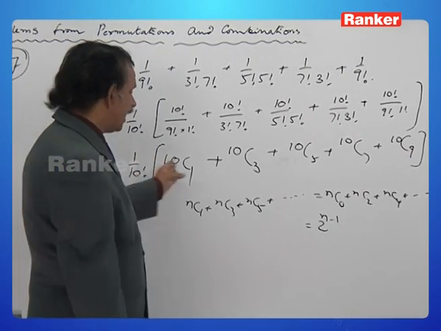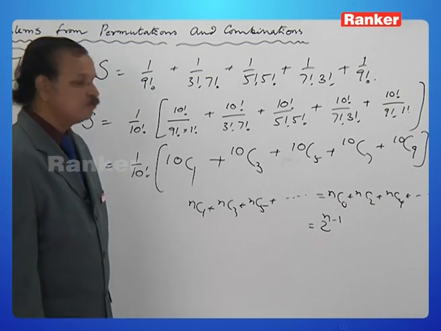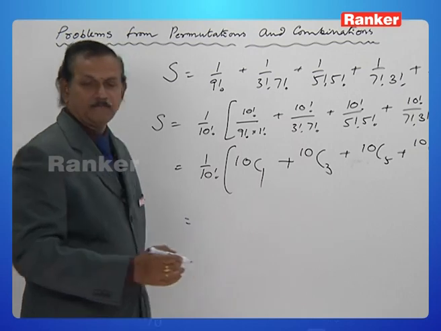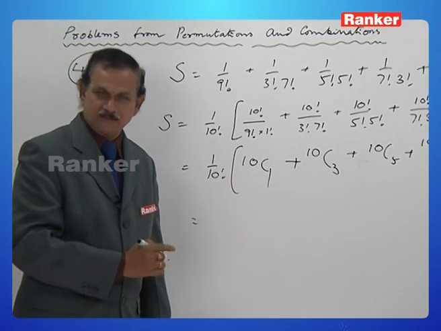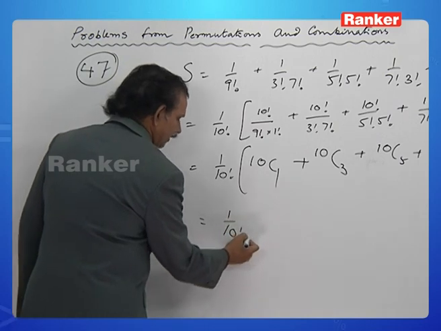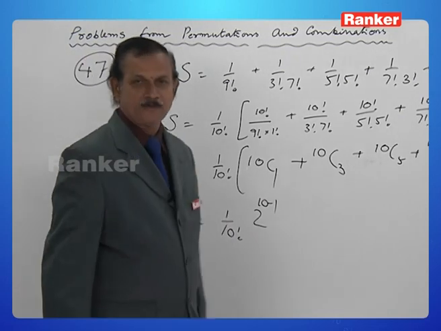Therefore, the entire sum involved in these brackets can be estimated as 2 power 10 minus 1. By making use of that standard result, we get the sum to be 1 by 10 factorial into 2 power 10 minus 1. What is 2 power 10 minus 1?